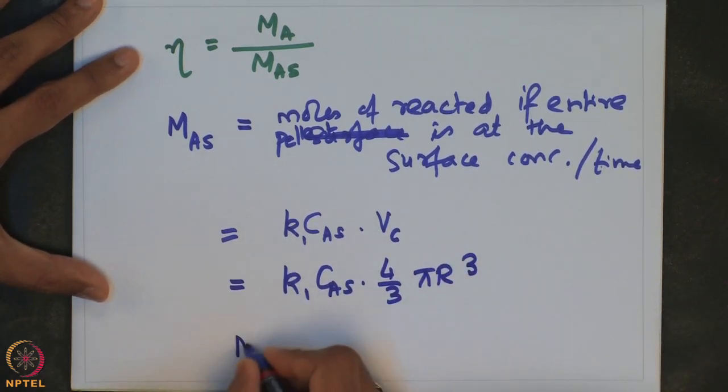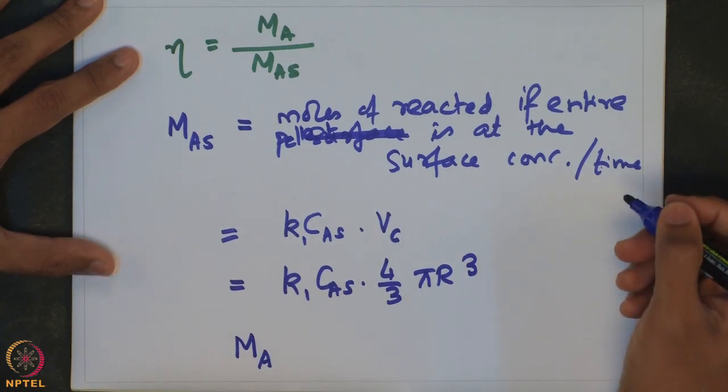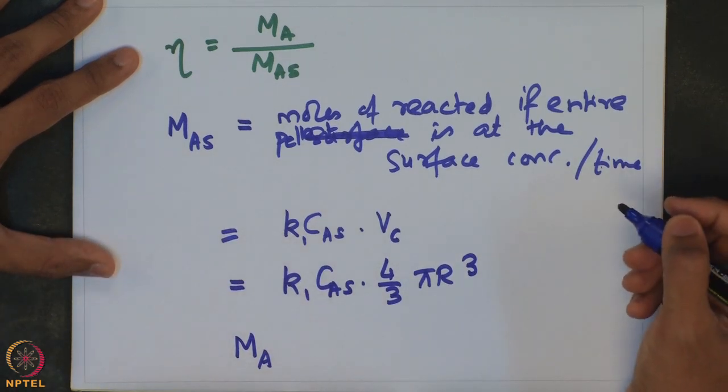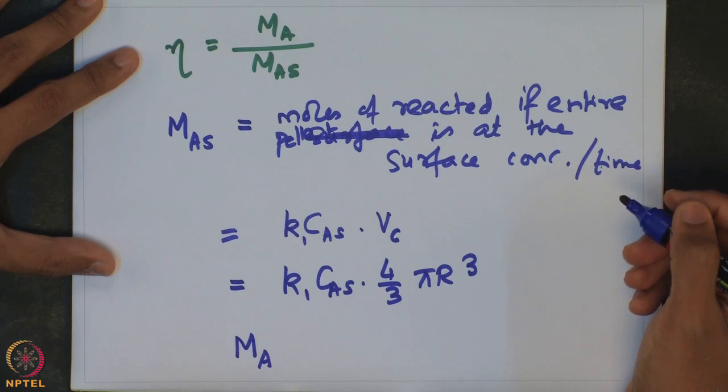So, next is to find out what is this MA, which is basically the moles of species that is actually undergoing reaction per unit time. So, it is a good time to summarize. What we have seen in this lecture is we have solved the model equation which captures the diffusion and the simultaneous surface reaction that is happening in the catalyst pellet, and we looked at the concentration profile and obtained insights on what should be the nature of the concentration profile if the Thiele modulus is large versus small.